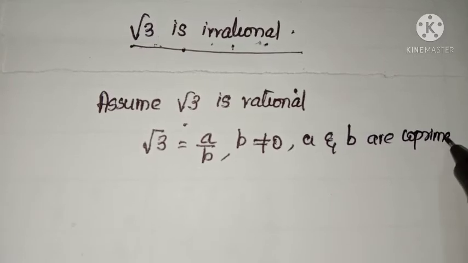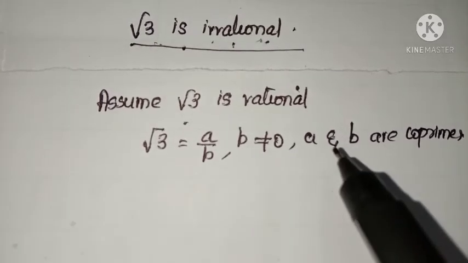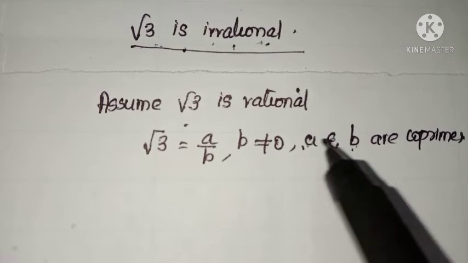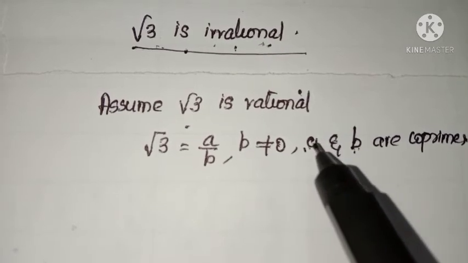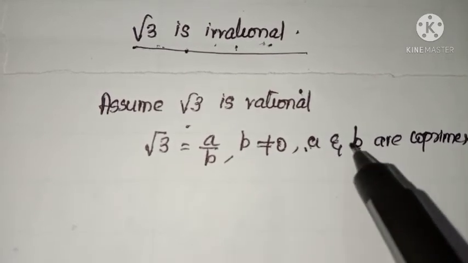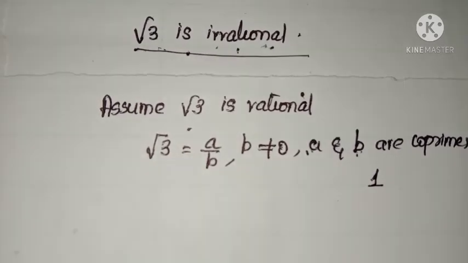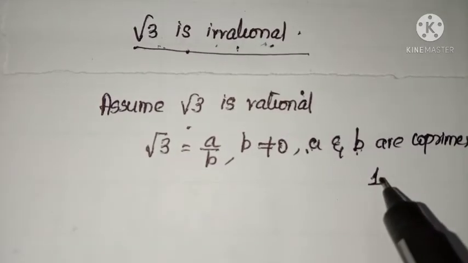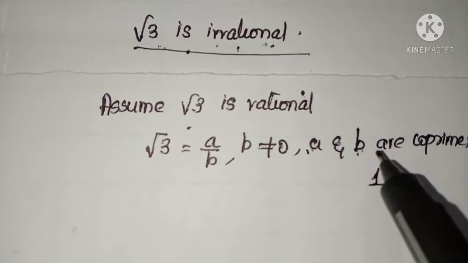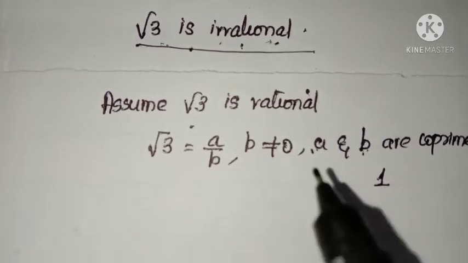What is co-prime? Co-prime means both are prime to each other, or the common factor of a and b is 1 only. It's very important. There is no other common factor than 1.